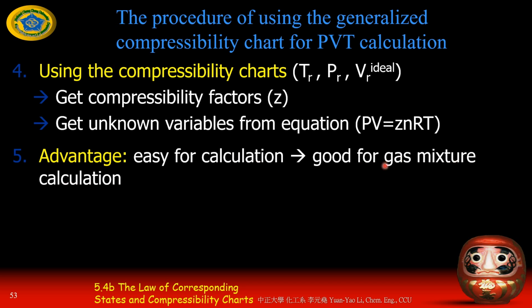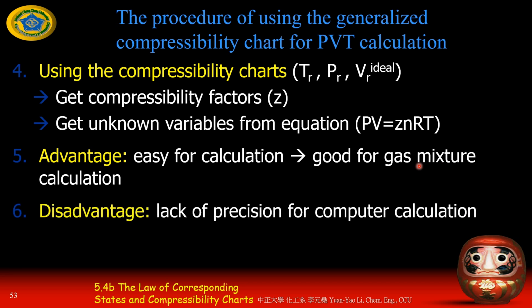I'm going to tell you this later, because just now we only talked about a single type of gas, not a mixture of gases. The bad thing about this chart is lack of precision, because just now the gentleman over there said 0.91, but actually the answer is 0.92.